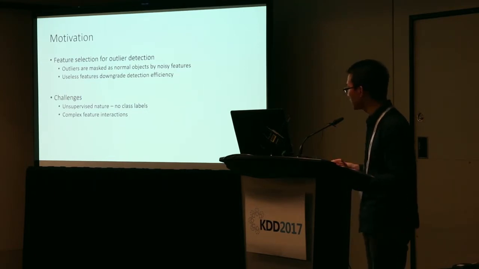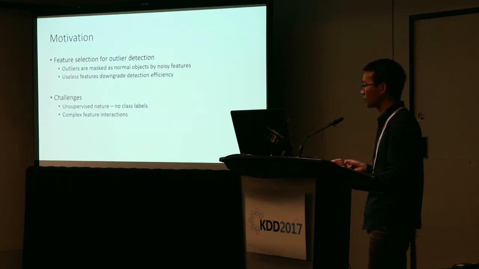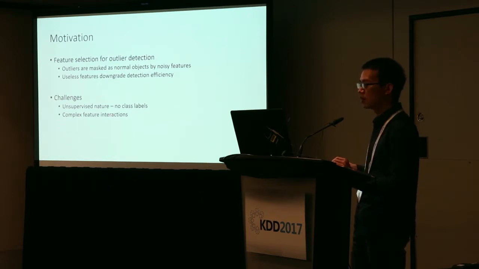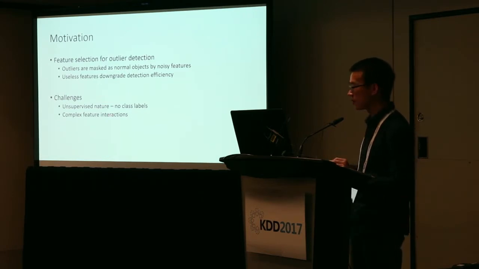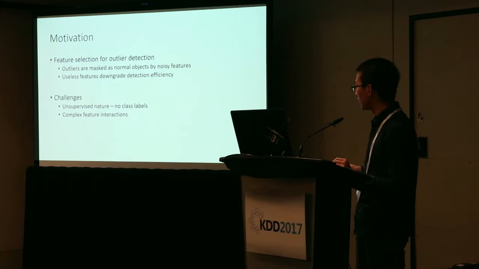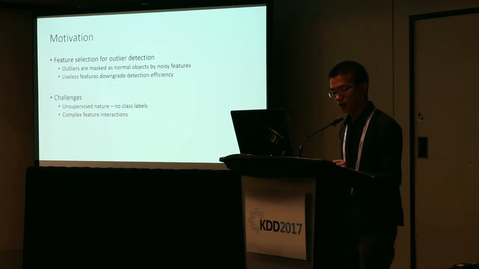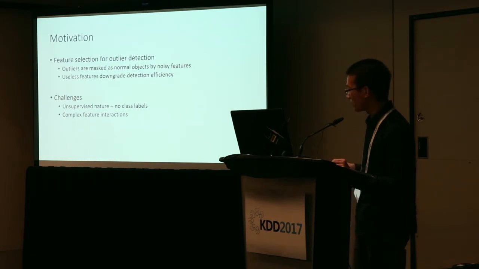The challenge here is its unsupervised nature. It is very challenging to evaluate the relevance or the outlierness of features, and the complex feature interactions also make the problem much more challenging.